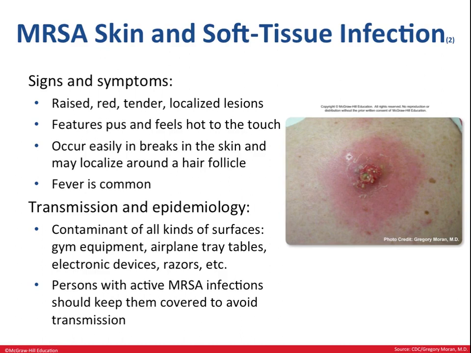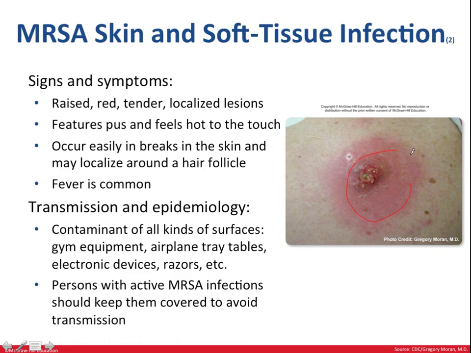The symptoms of infection caused by MRSA are red, tender local lesions with pus, and we can feel heat on these infected regions. It's also easy for it to break the skin, and it can cause a fever if the toxin and bacteria get into the blood.